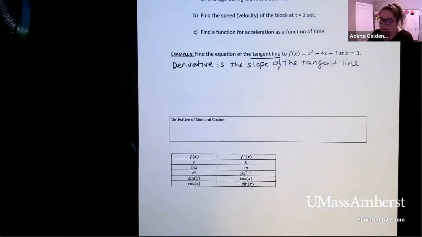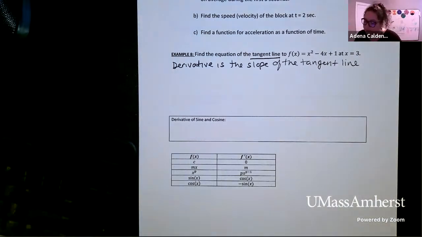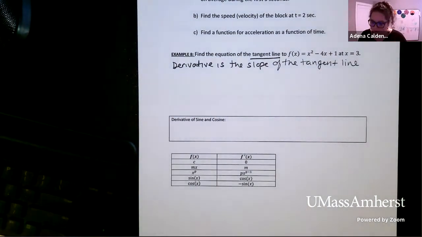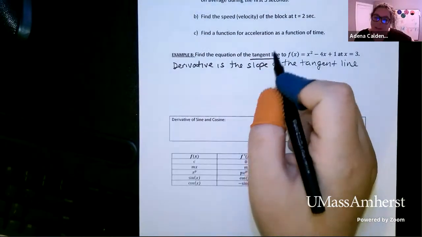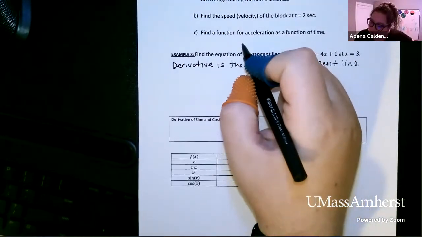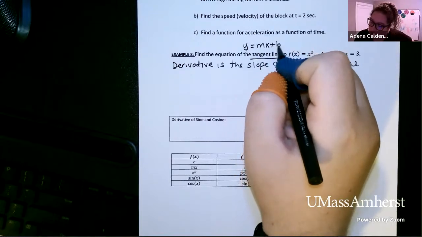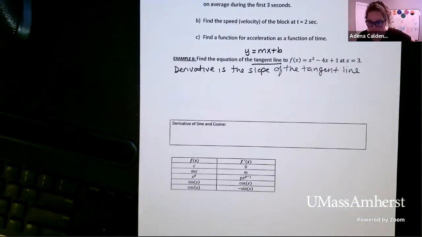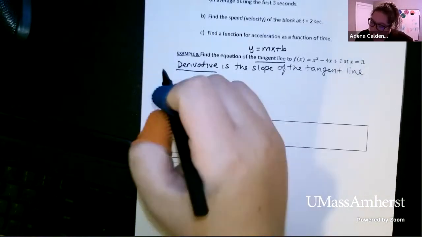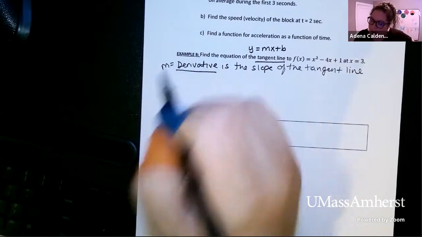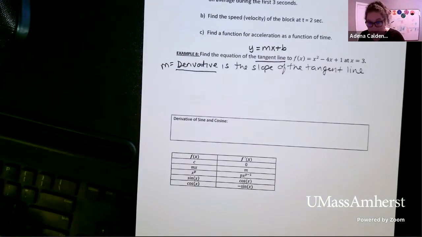So if the derivative is the slope of the tangent line, that's going to help us to get the equation of the tangent line. So the equation of the tangent line, because it's a line, is going to have the form y equals mx plus b. Okay. The derivative is the slope. So that means that by finding the derivative, that's going to help me find m.